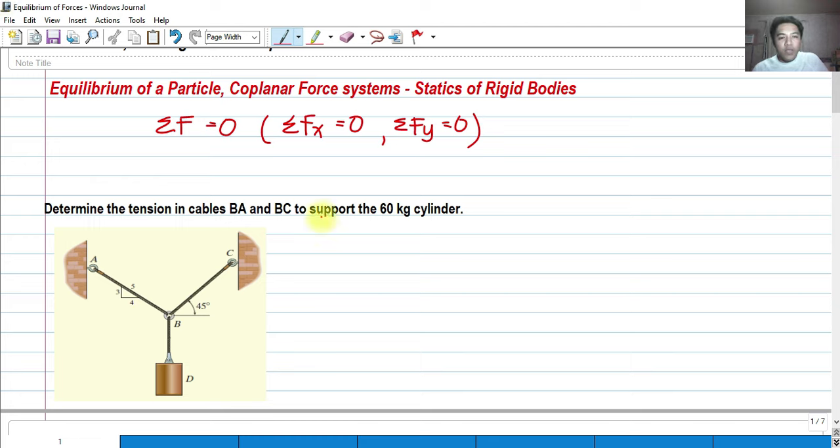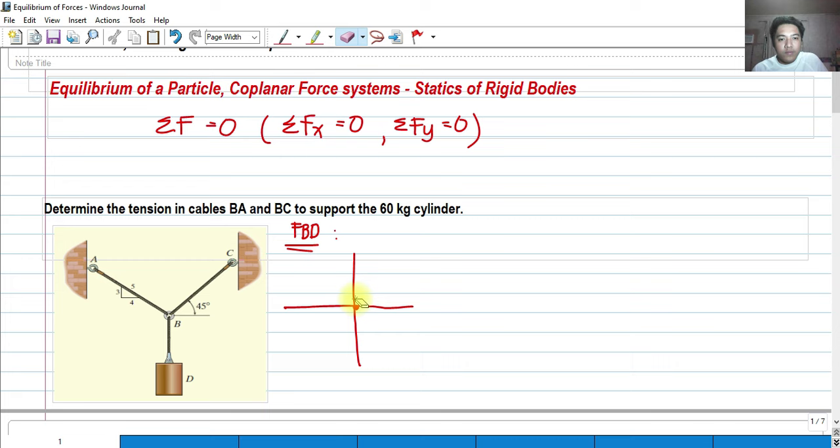If we draw the FBD centered at B, let's say that is our point B. The forces acting, if we center it at B, are the weight due to the mass of the cylinder going downward, purely along y.